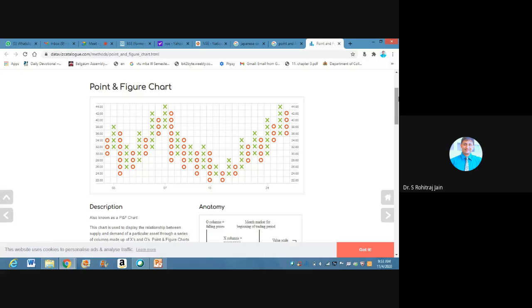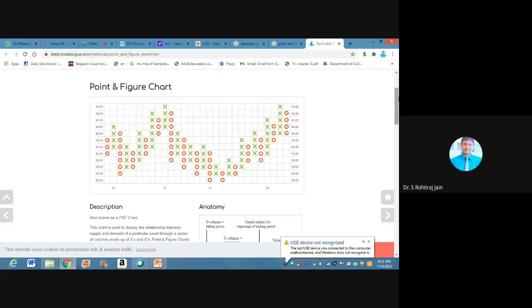Now let me explain what that cross over there is. Point and figure is a charting technique used in technical analysis. Point and figure charting does not plot price against time as time-based charts do.